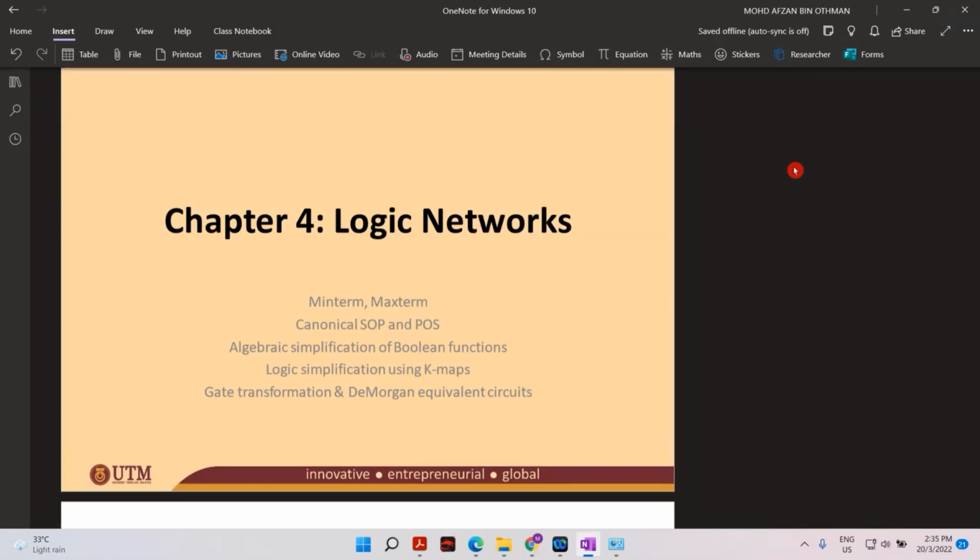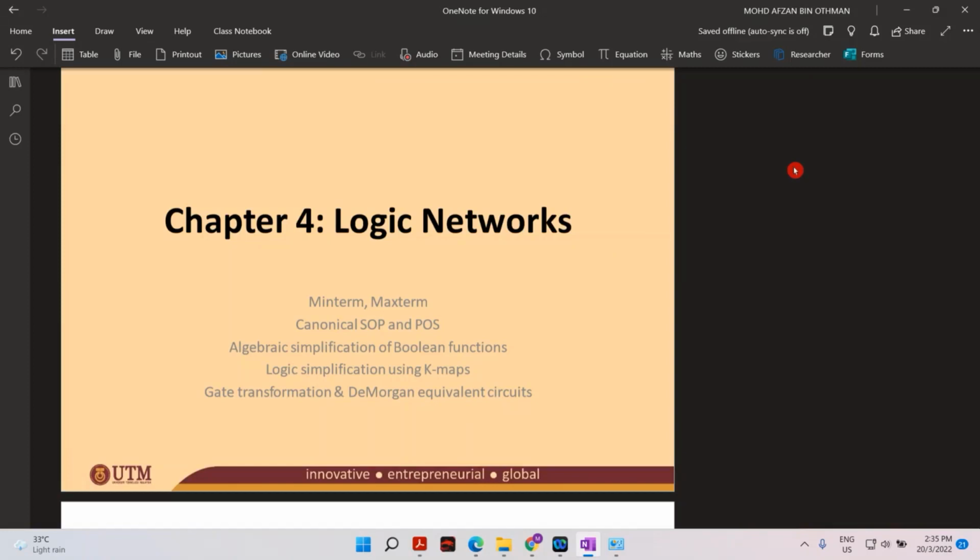And this part here, algebraic simplification of Boolean function, we already did before in chapter number 3. So we just skip this part and move on to the next one. The second method is logic simplification by using K-maps.